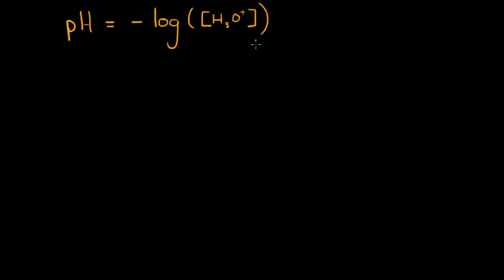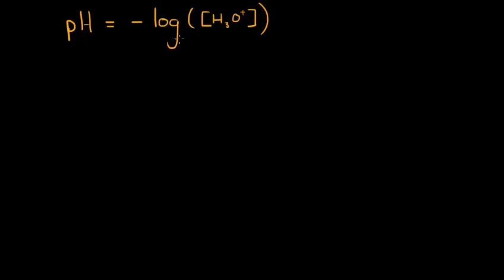Okay, let's move on to pH. pH is simply defined by the formula negative log of H3O plus, or H plus.